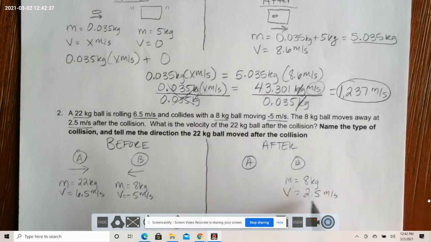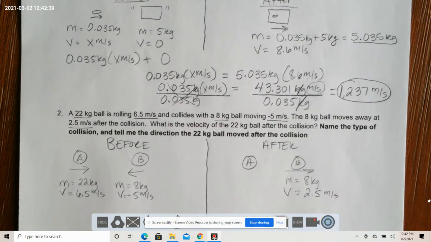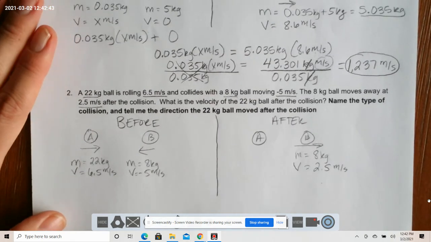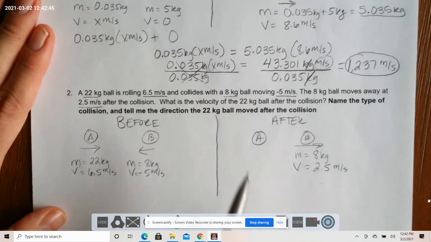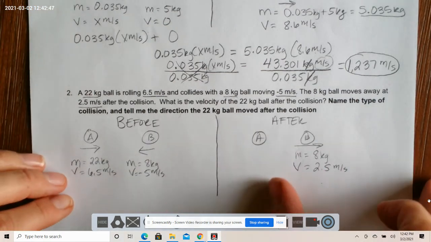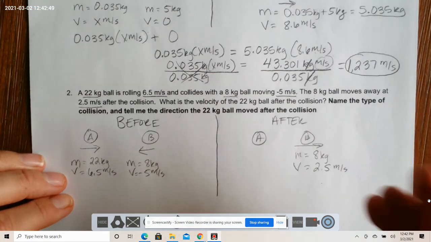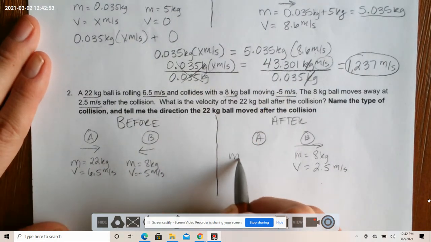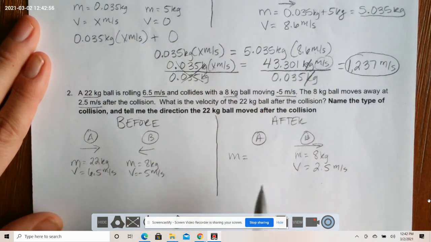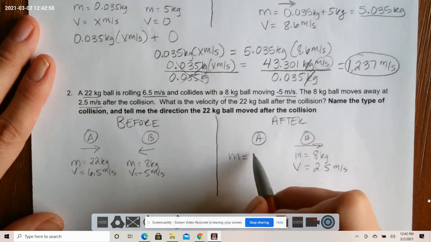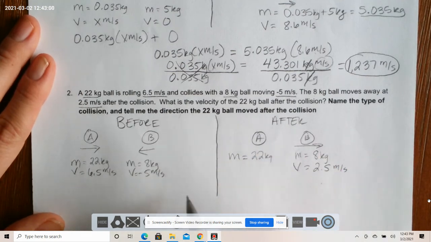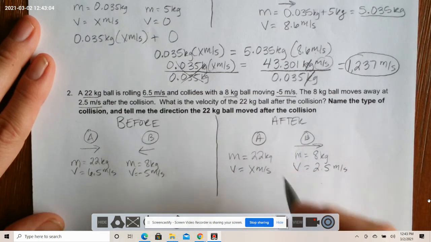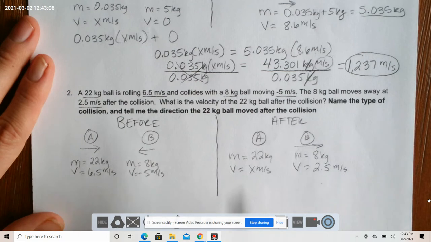And it's positive, so it's going to go to the right. Now, ball A is, okay, you know what I forgot up here, you guys? So I'm going to come back to that in a second. Ball A, forgot to put the type of collision. The mass is still the same, 22 kilograms, and the velocity is what we don't know, so it's going to be x meters per second. Okay, so we're going to find x.